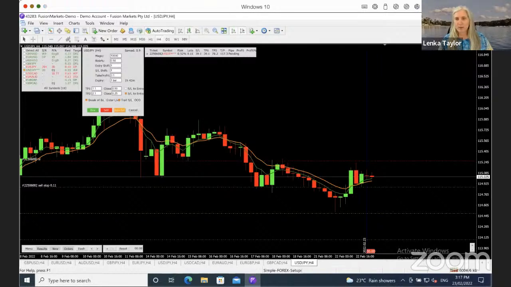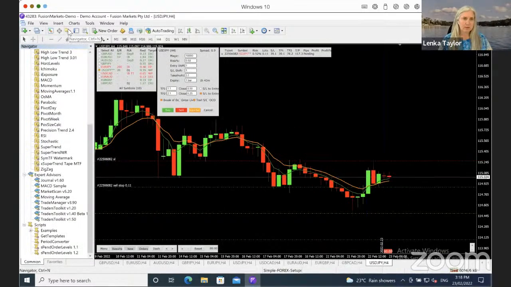Where can you find the Trader's Toolkit? How to activate it? Well, you have to have a subscription, right? So if you have the subscription, then you would go to the navigator, like a little yellow folder with the star, and you would go under Expert Advisors, you would have the Trader's Toolkit, and you just drag it onto the chart that you want to use it on.